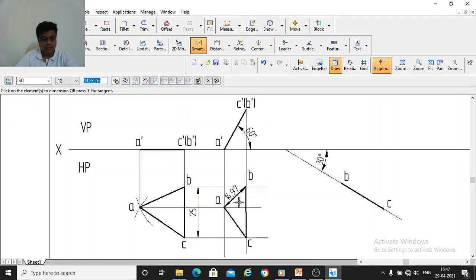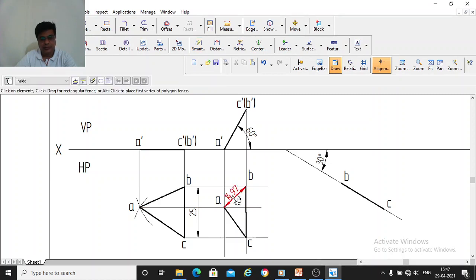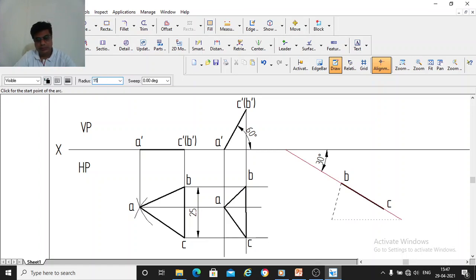So it is 15 mm. Anyway, whatever distance is there, you measure it and you take the arc, you measure with the compass and draw BA arc and CA arc. You will get this. So I take this arc here. I take the distance as 15 and I will draw an arc.